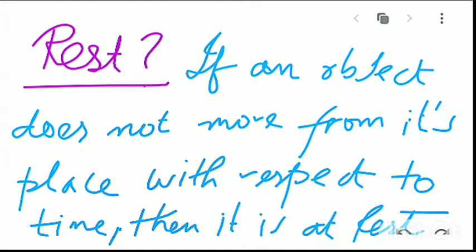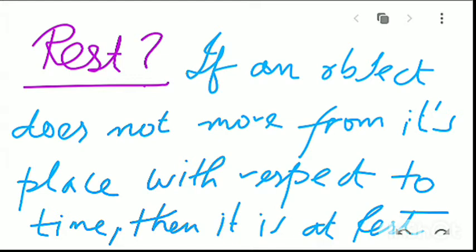So that means if an object is not moving from its place with time, clear? Just look at your computer or your mobile phone. Those objects are not changing their places with time. Are they? The answer is no. Wherever they were 5 minutes before, they are still there.